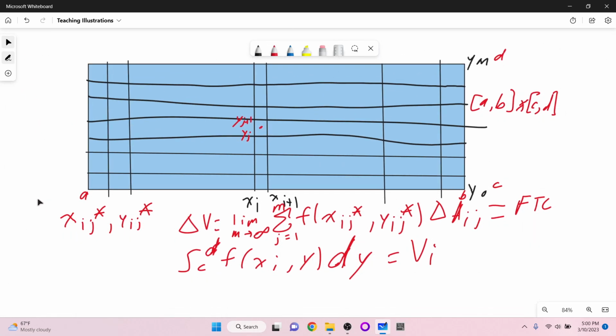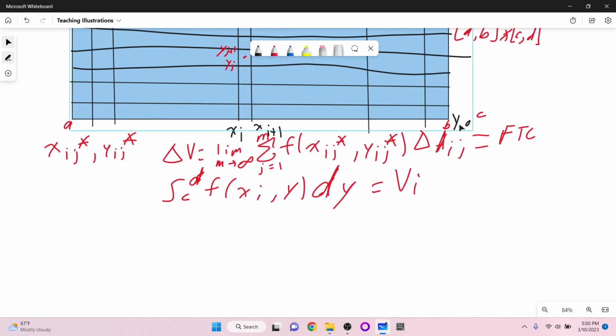But now we say, well, what if we go across all the other strips? Well, then that would, as we take the limit, become the integral over x. So let's write this out.